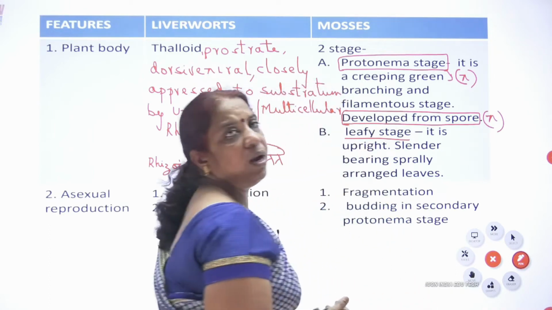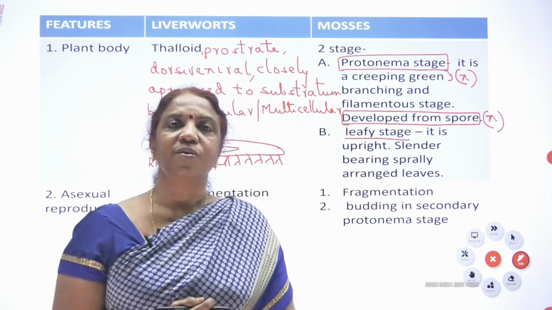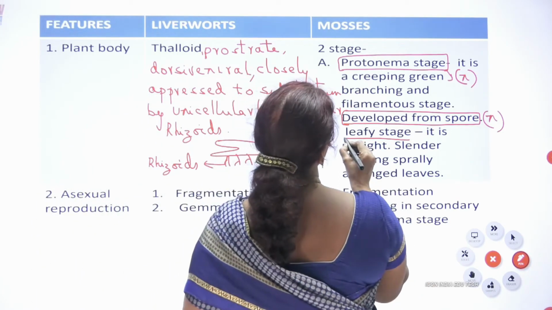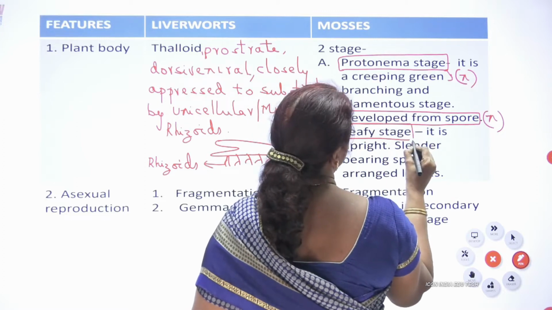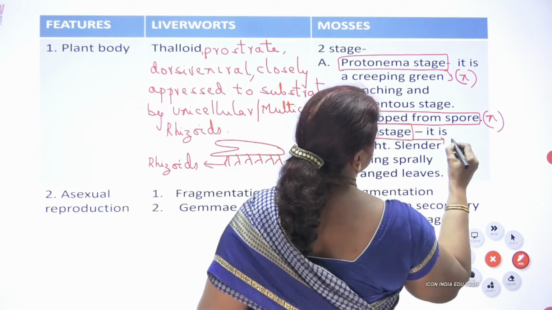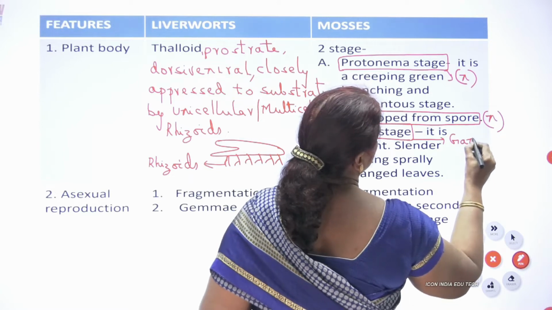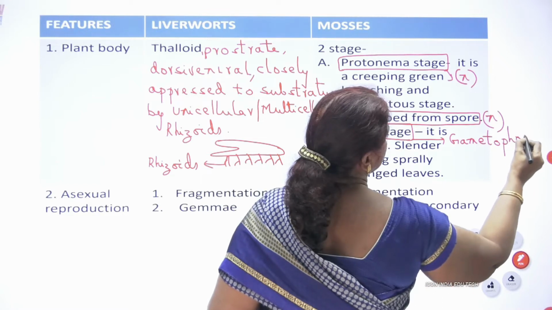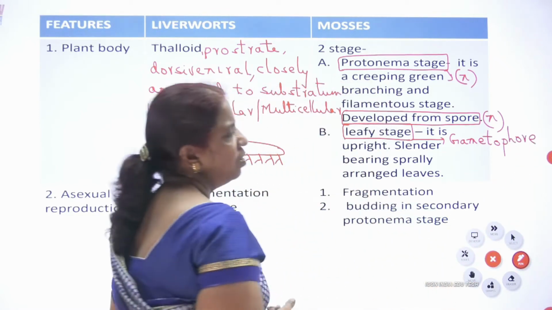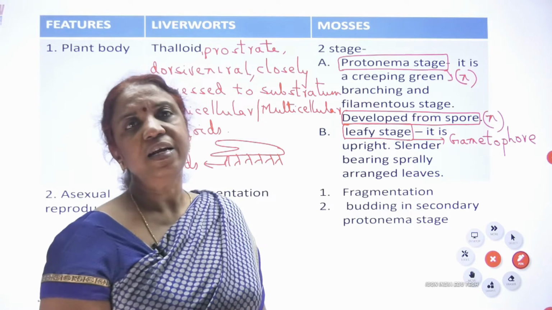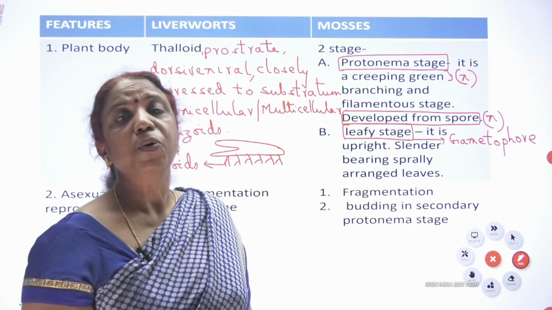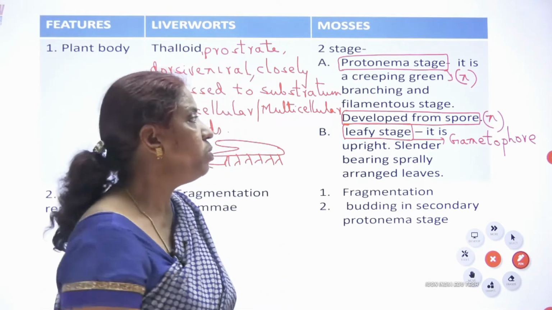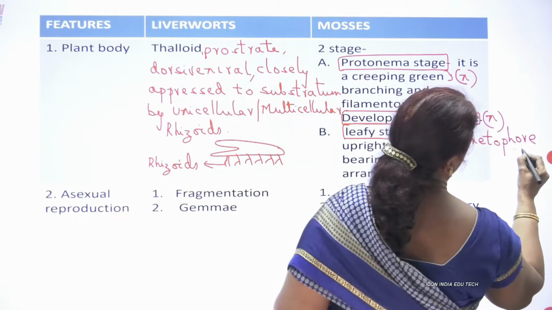The next one is the leafy stage. The adult stage is called the gametophore, the leafy stage. The gametophore is developed from the protonema through a lateral adventitious bud. The gametophore is also haploid.